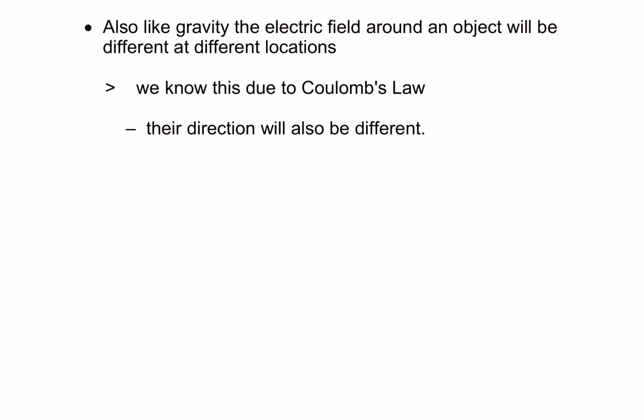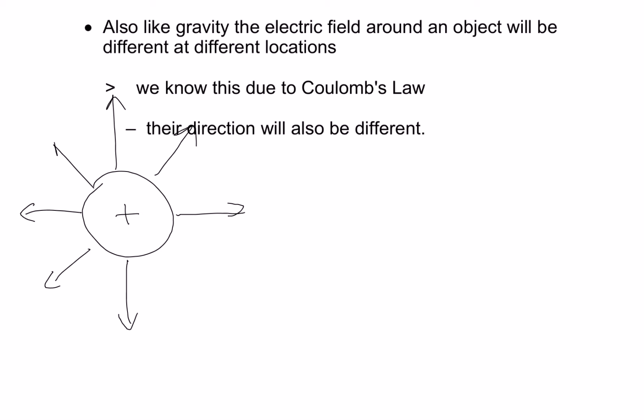So putting all this together, we know that from Coulomb's law, we're going to have some sort of electric field, and it's going to be different at different locations. But we also know that the direction will be different. If we have a positive source charge, its electric field will be outwards, because if we put a positive test charge near it, it would get repelled.